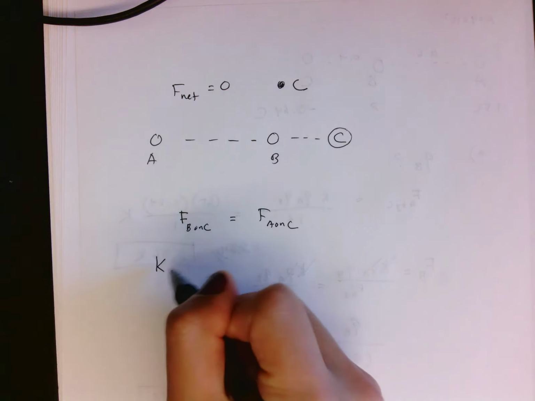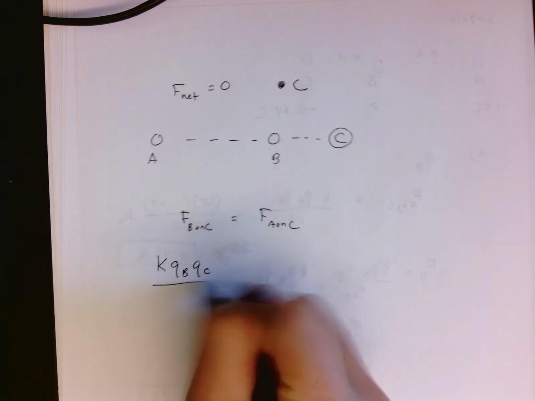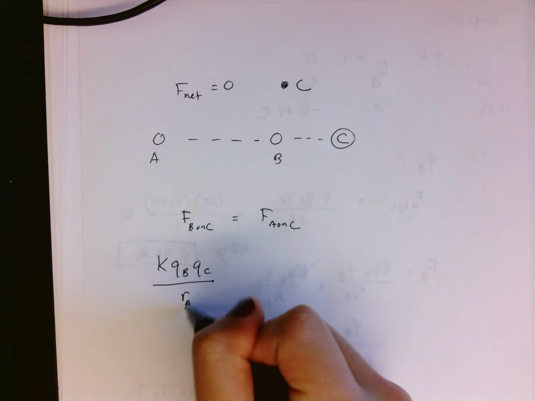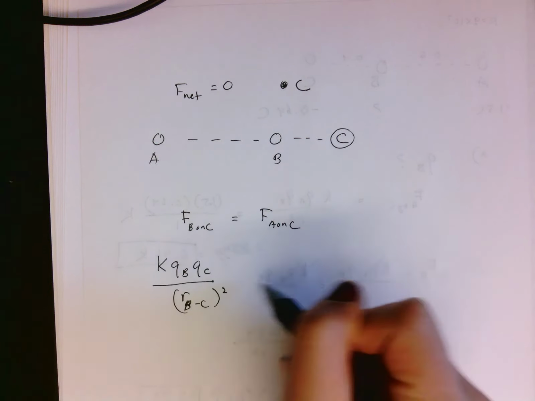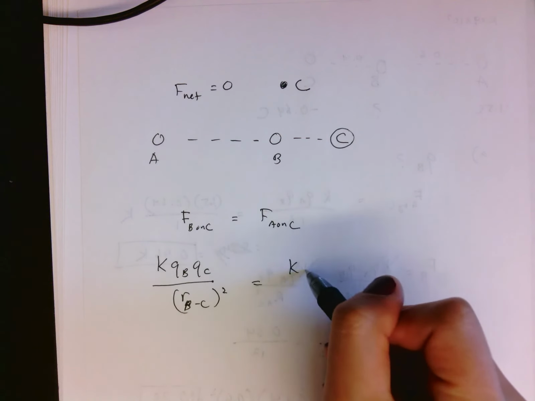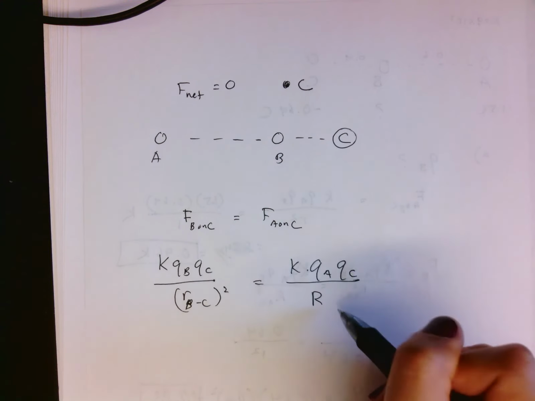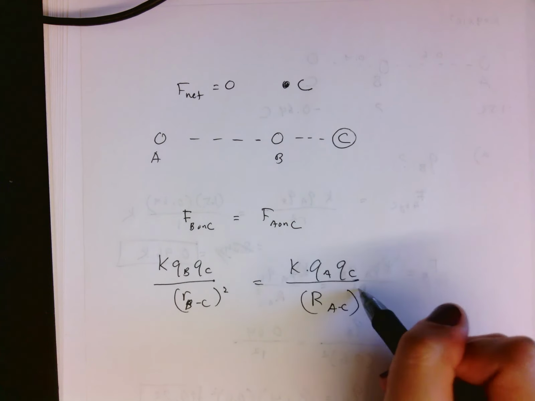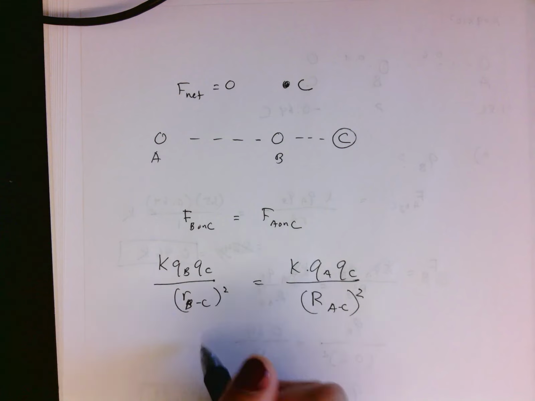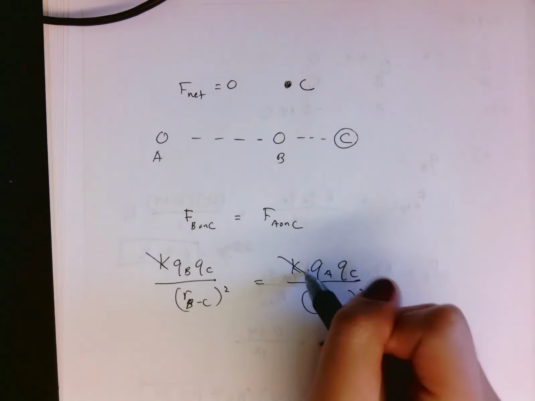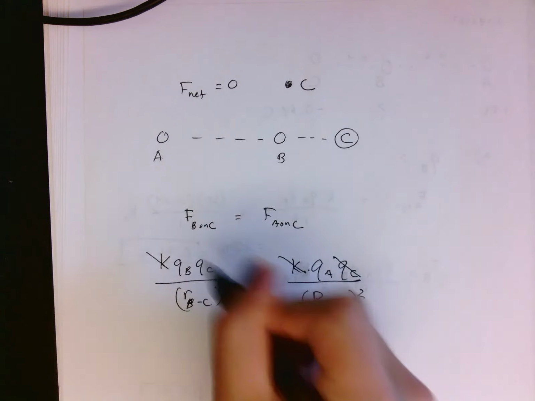So that's K QB QC over R B to C squared is equal to K QA QC over R A to C squared. So we can cross off K on both sides and QC on both sides.